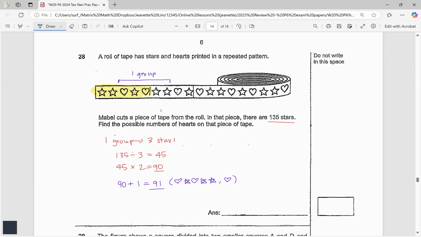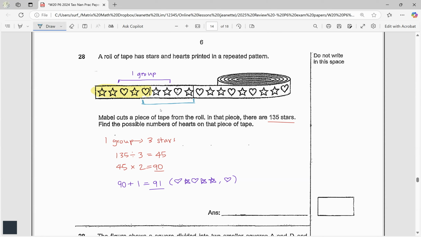Okay, then now let's look at this one. If it starts here, 1, 2, 3, 4, 5, here. I will also be able to add one more heart, but nothing beyond that. So that one will also be 91.